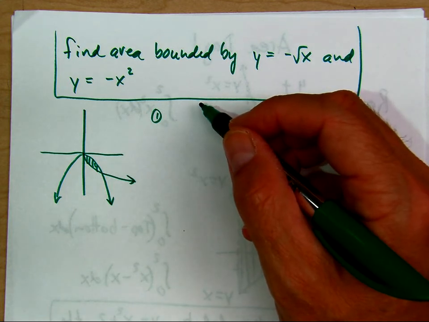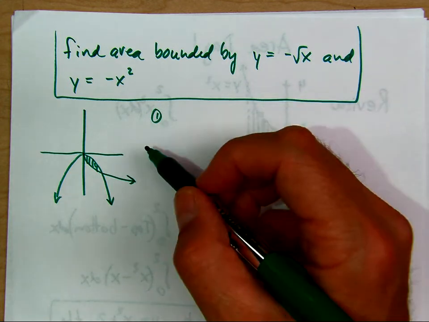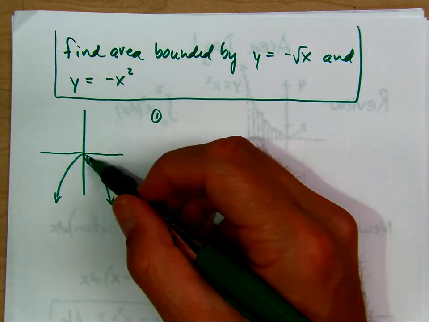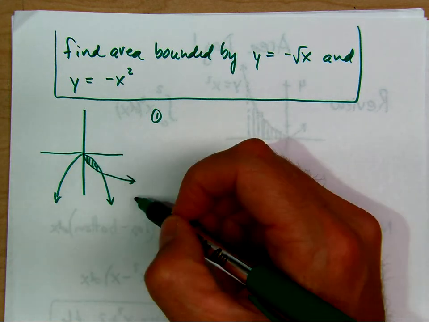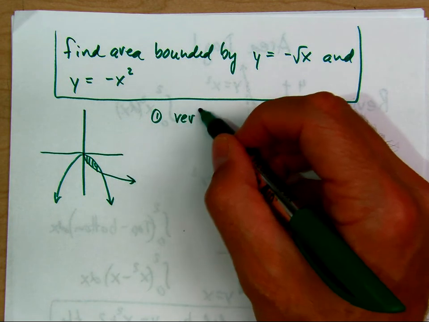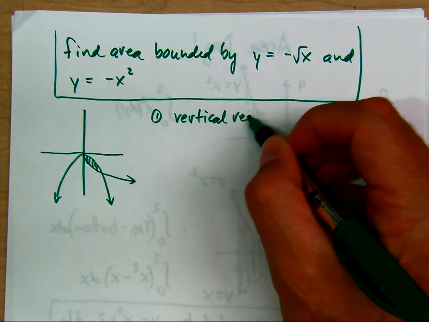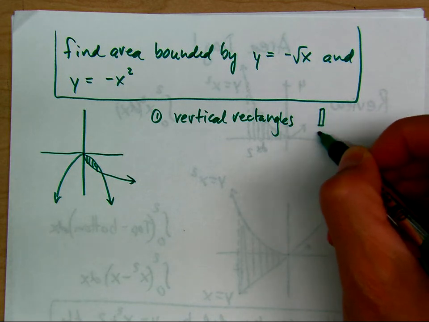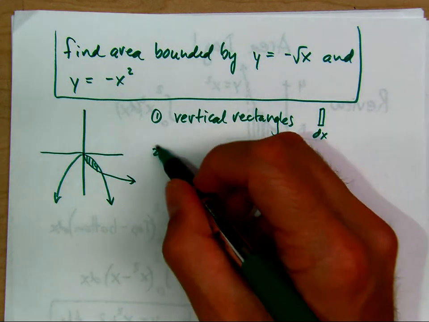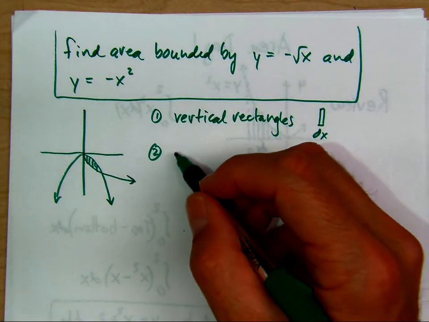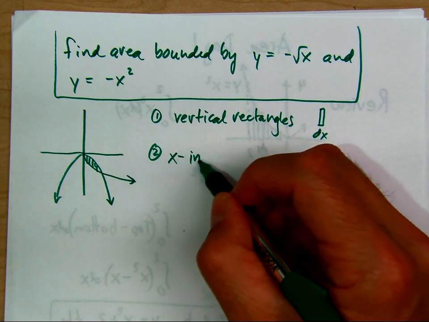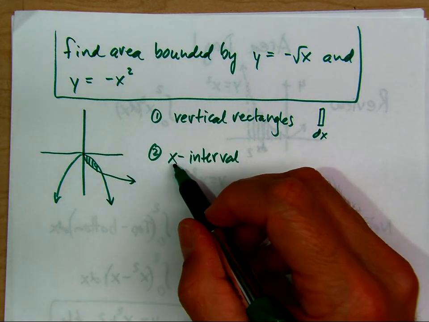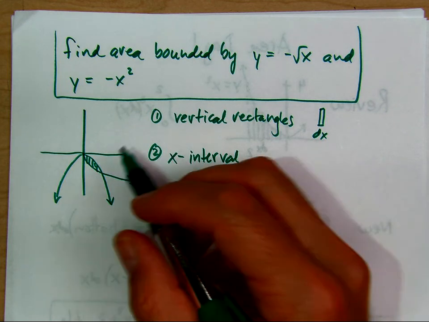In this case it wouldn't matter, but since we're so used to doing things in terms of x, always use vertical if you have the choice. And that means if you have a vertical rectangle, you have dx. Everything will be in terms of x. Okay, we need an x interval. If that were a dy, then we'd use a y interval. So we need the x interval of the region.